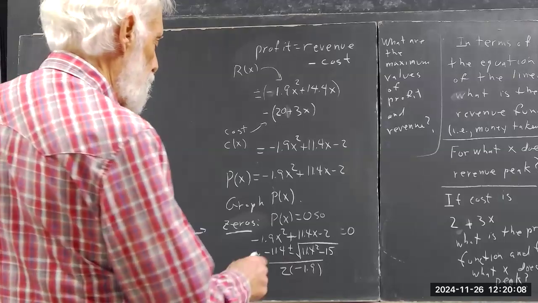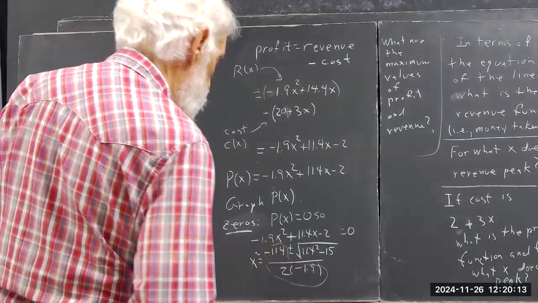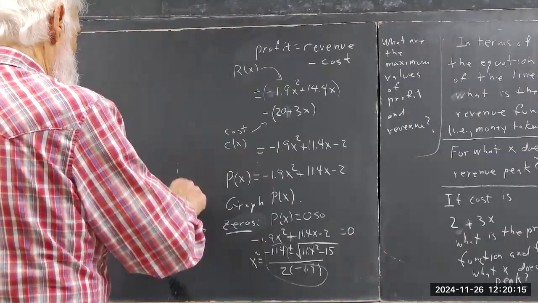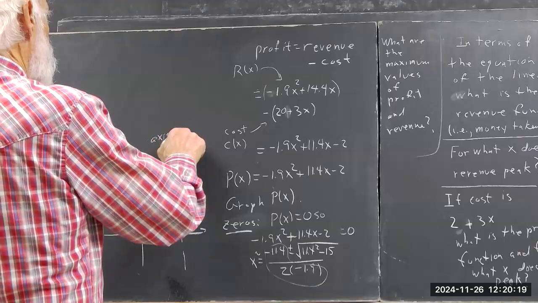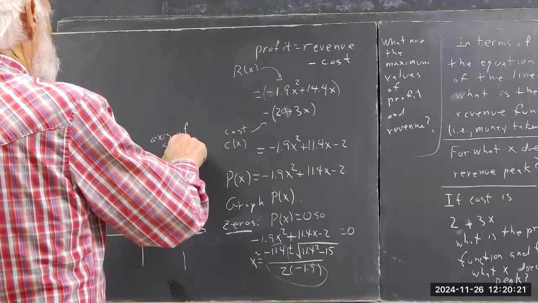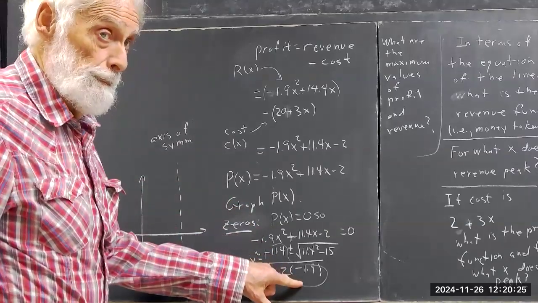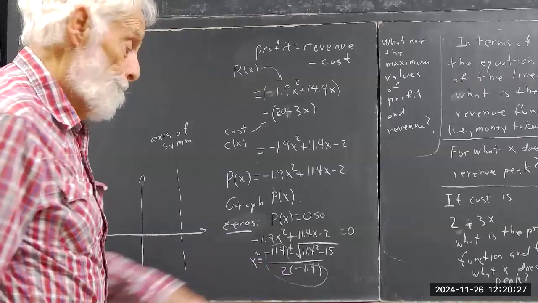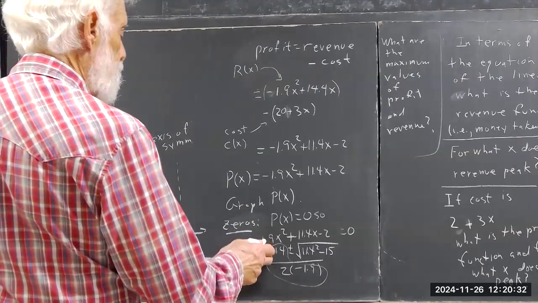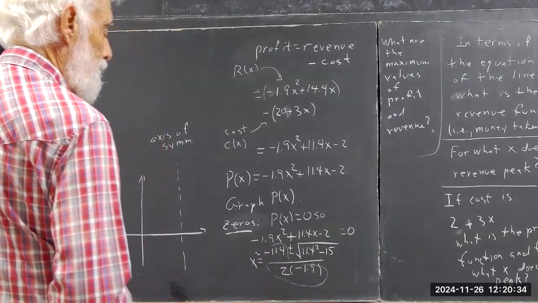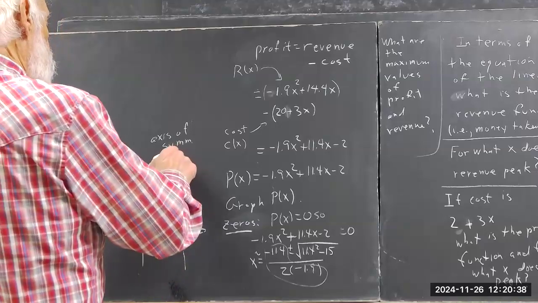First of all, we have the axis of symmetry, which is right here. That's the -b over 2a. And that's 11.4 over 3.8, which is a little less than 4. So that's going to be about 3.